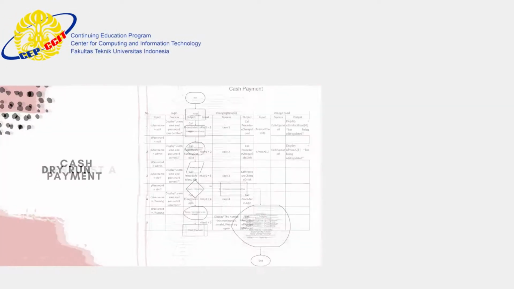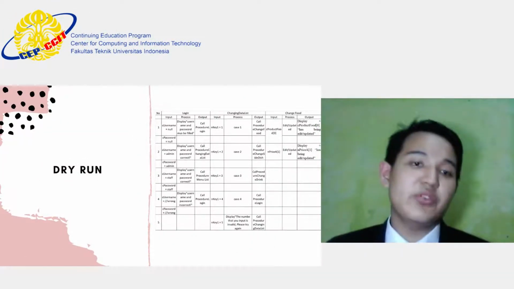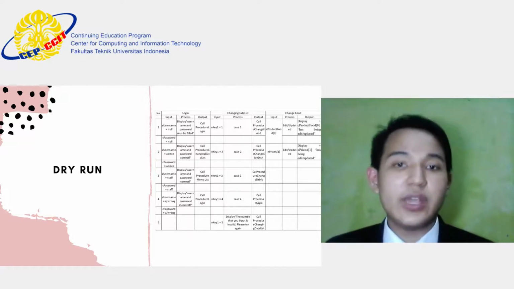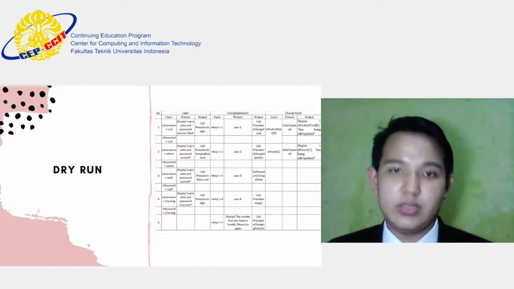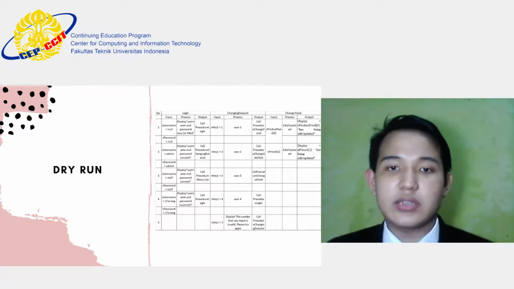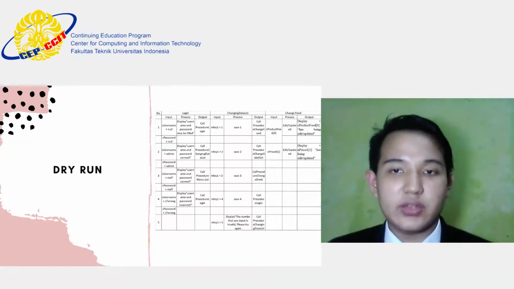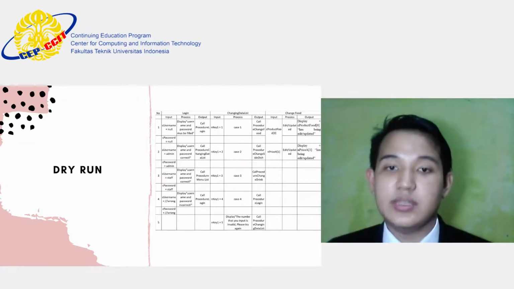Okay, last but not least, it's time to talk about the dry run. Let's start from the login procedure. First, if the input is C username and C password null, the process will display username and password must be filled, and the output calls procedure login.